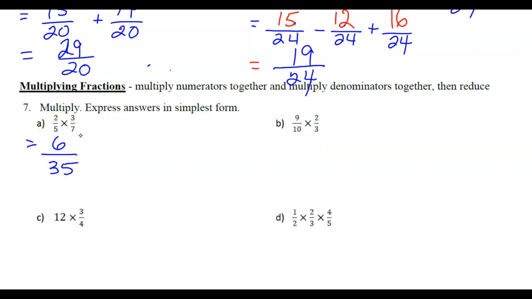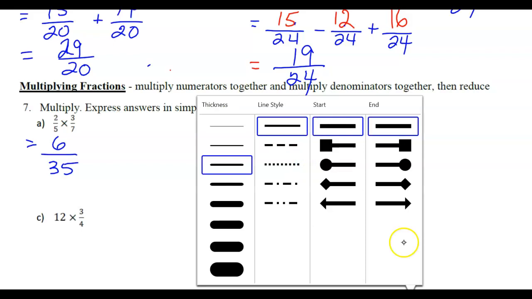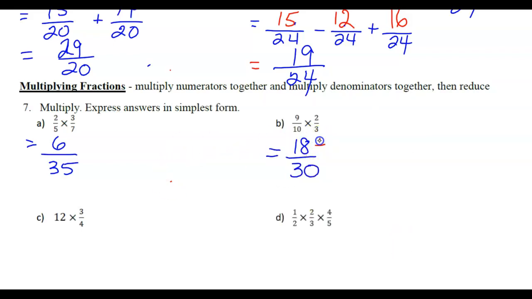Okay. So here, if I multiply right away, it's 18 over 30. And then I see, oh yeah, 6 goes into both of these. So got to reduce it, and that's going to be 3/5. Okay.